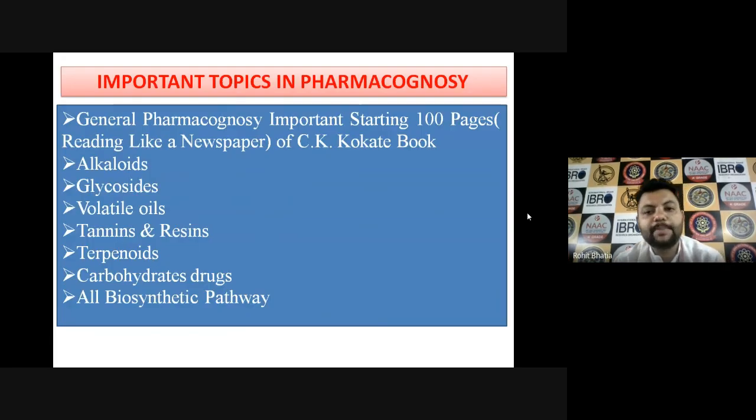Important topics in pharmacognosy are alkaloids, glycosides, volatile oils, tannins and resins, terpenoids, carbohydrate drugs, and all biosynthetic pathways.